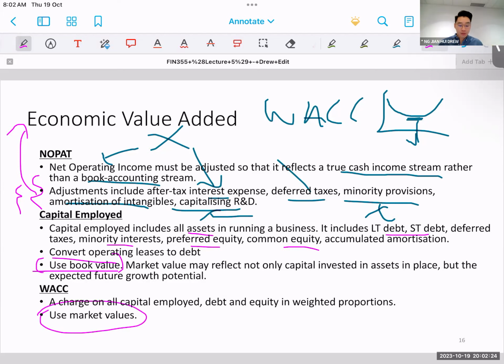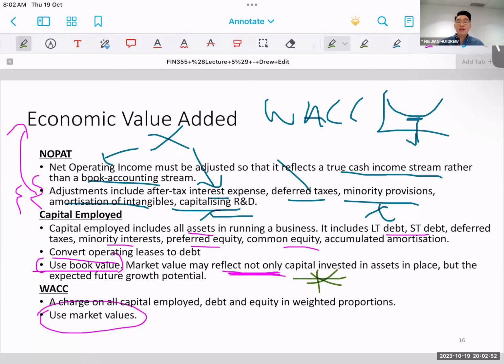Now, what's the problem here? What's this saying? This is very important. In the capital employed, if you're going to use the market value, what are you trying to say? Using market value means you are bringing some more forward-looking value into the capital employed, right? And if we have this forward-looking value in the capital employed as well as in the WACC, where we already know that we need to use market value, we're actually doing a double counting.